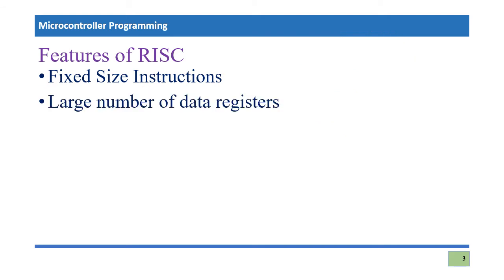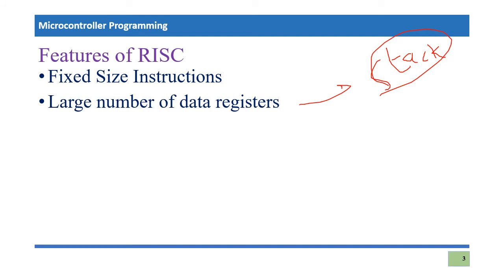Okay, the next important feature: RISC architecture has a large number of data registers. If you talk about CISC, there was a minimum number of registers available internally, but in RISC architecture you have at least 32 registers. They make the life of the programmer much easier because they do not have to go to the stack, which is a very complex architecture itself, and things become more difficult.